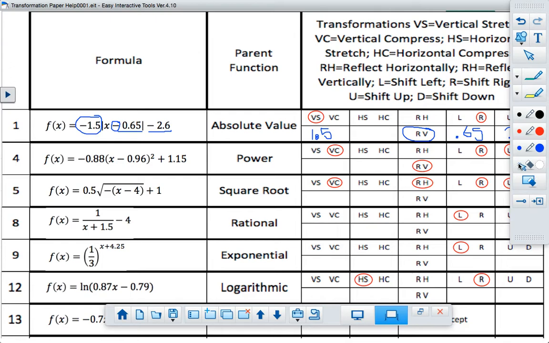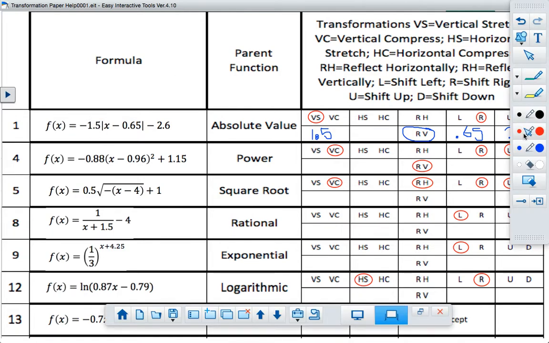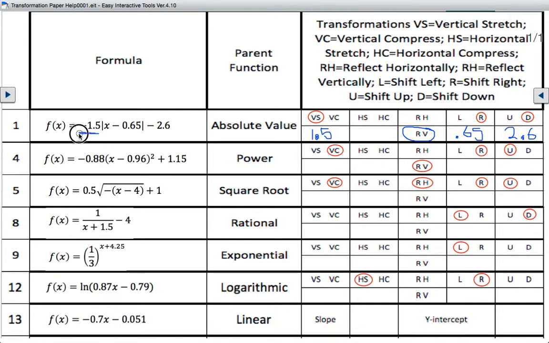Let me go ahead and erase some of this. I want to point something out with the example 1 and example 5. So anytime you have where you're multiplying the function type, notice your absolute value symbols are here, so that's your function type, your parent function.